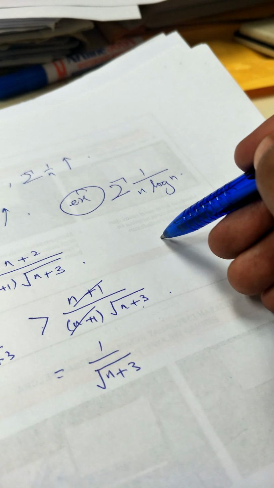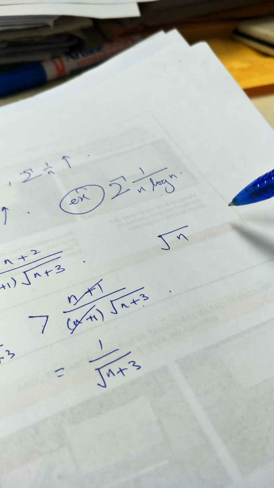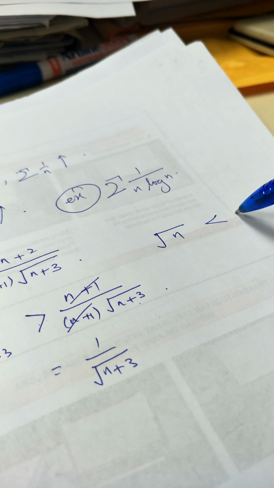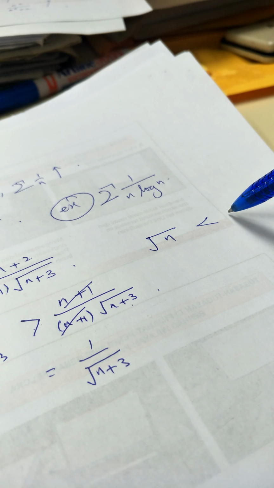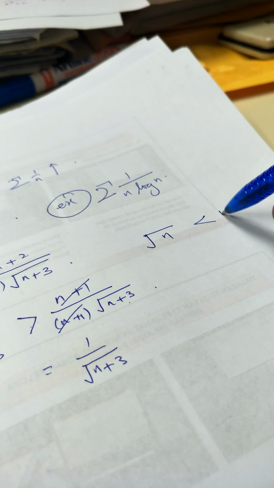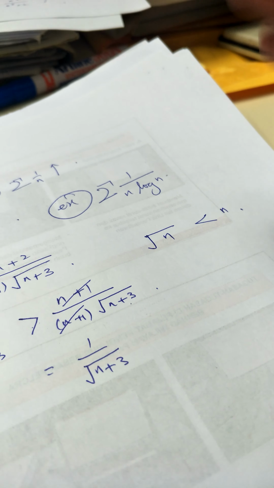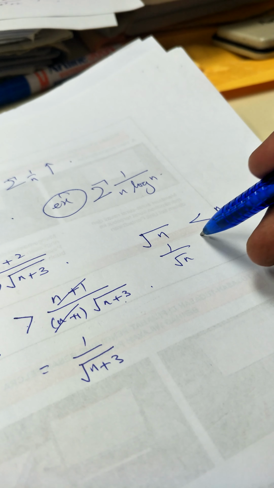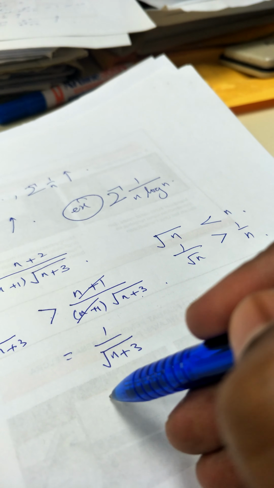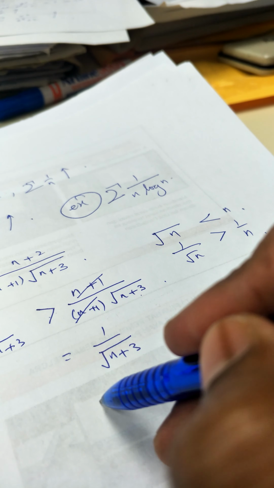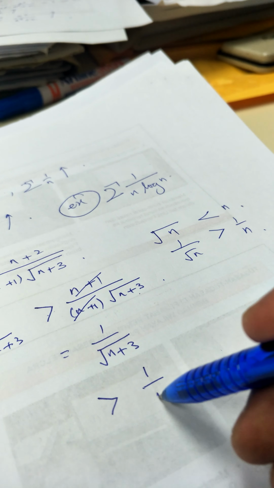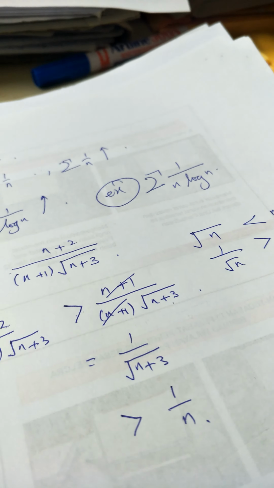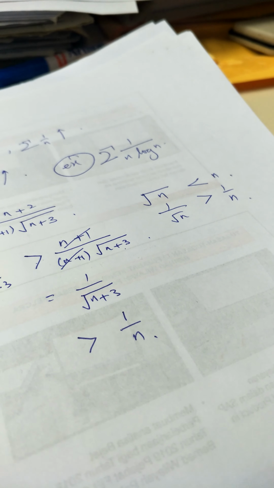And of course, square root n is less than n. If you invert, 1 over square root n is greater than 1 over n. So in this case it will be greater than 1 over n, for certain n, of course.